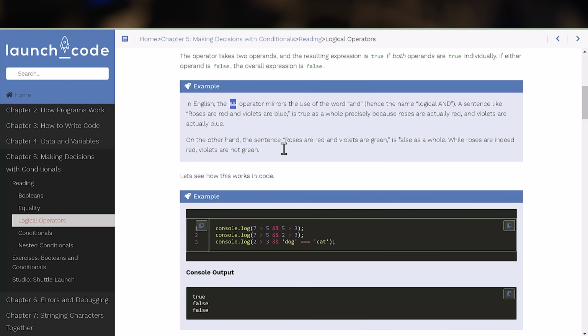On the other hand, the sentence roses are red and violets are green is false as a whole. While roses are indeed red, violets are not green. Understand what we're saying here. When we're comparing something, if you use these two ampersands, which means and, it means that both of them have to be true.